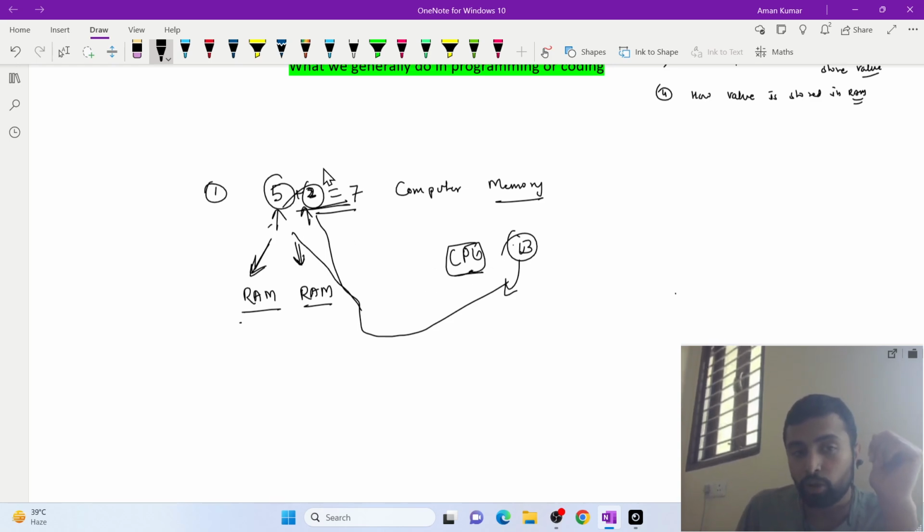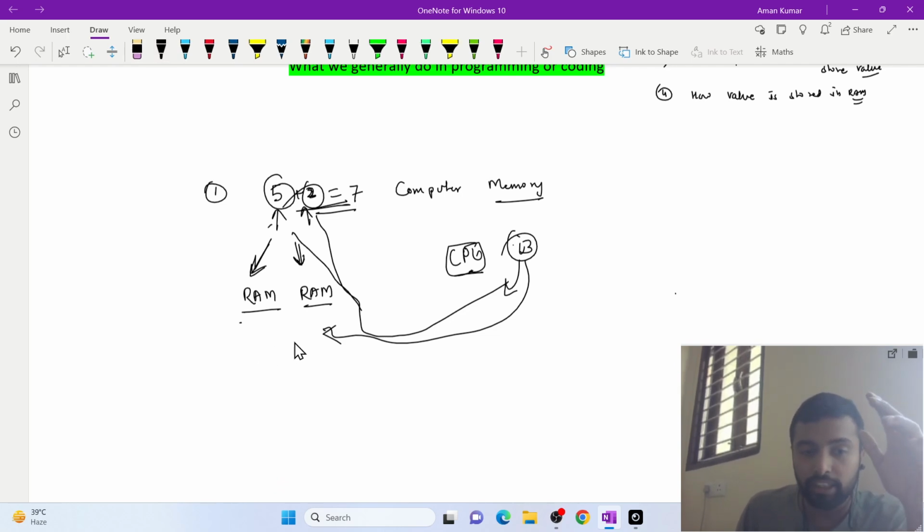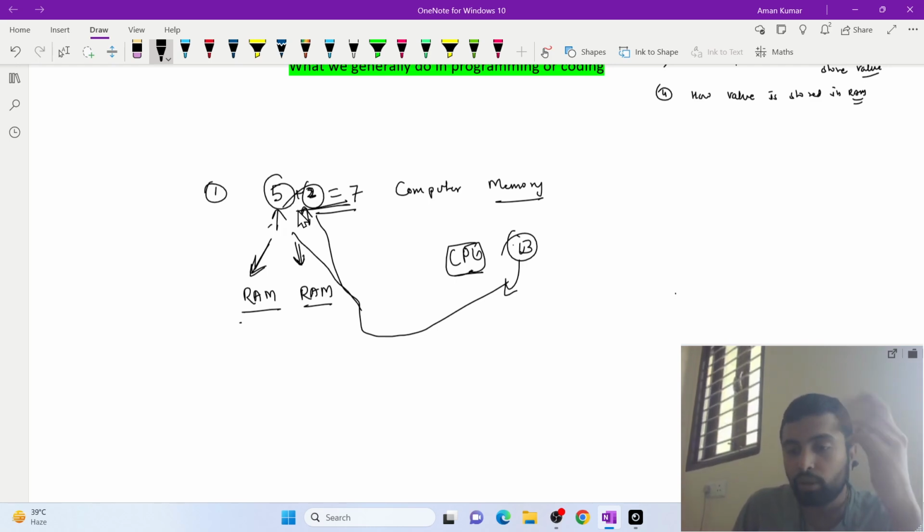Once this operation is performed, it can again store the output in the RAM, and if it is not required, it will not store. But what I want to say is that whatever operation you write in coding or programming, first of all, when the code runs, the values get stored in the RAM.